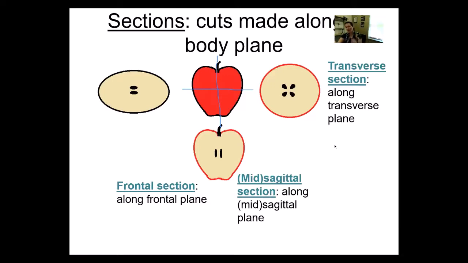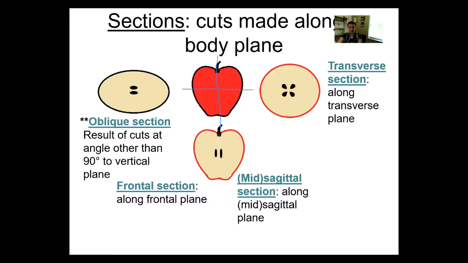Okay, and finally, we don't have to confine ourselves to these 3 cardinal planes. We can also make an oblique section, right? So that's pretty much taking the knife and cutting it at a random wacky angle. And again, this gives you a completely different perspective. And with all of these different perspectives, we can learn a lot more about the tissue.